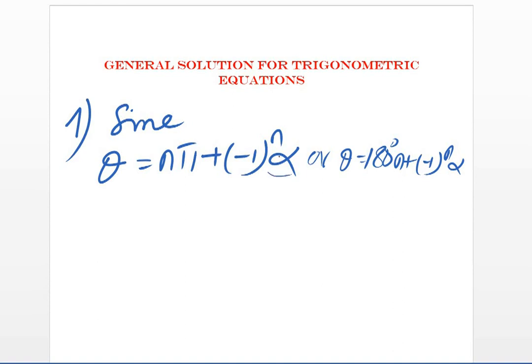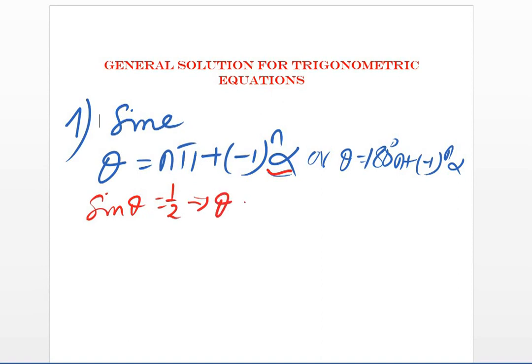Now, to illustrate this, I would like us to use this example. For example, it says sine theta is equal to half. Find the general solution. Using this, our alpha is simply sine inverse of half.